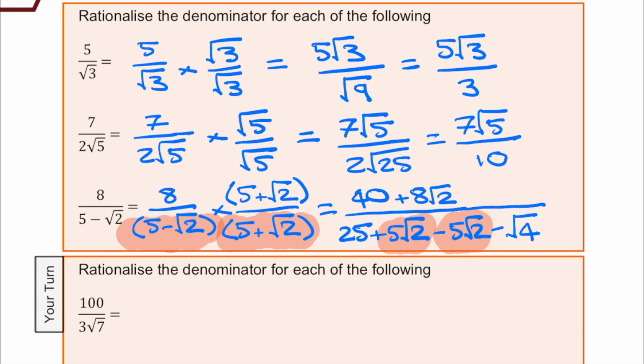That leaves us with no root 2's there at all, which is nice. So then what we end up with is the same numerator, 40 plus 8 root 2. And in the denominator, we end up with none of those 5 root 2's, they cancel out. But the root 4 is 2, isn't it? Square root of 4 is just 2. So it's 25 take away 2. That's going to give us 23. And again, we rationalise the denominator. There's no surds there anymore.